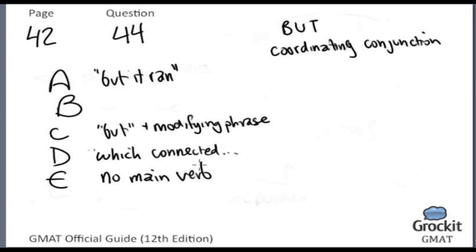So choice A had the same thing, but we had another problem with choice A. Choice C, 40 feet wide and 12 feet deep, and ran. So here, choice B has but before explaining how far it ran. Choice C has and. In this particular case, the sense of the sentence is that the Erie Canal is not very big, 40 feet wide, 12 feet deep, but that it's very long.